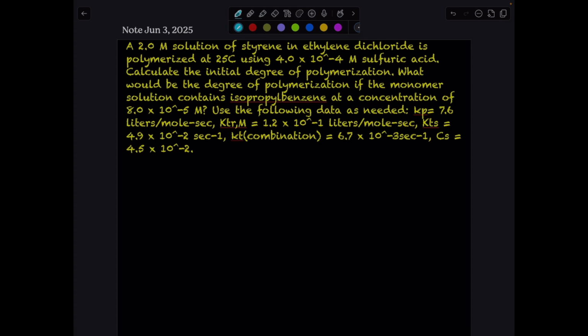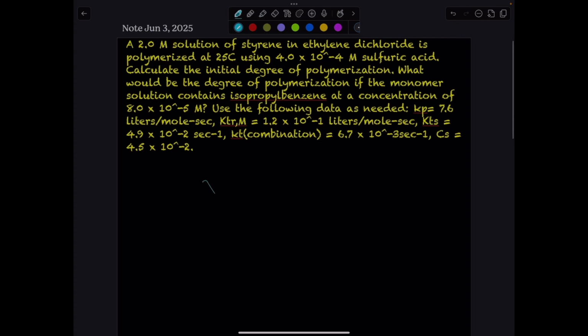Now, let's start by writing the formula for the initial degree of polymerization. We can get this from equation 5-38.